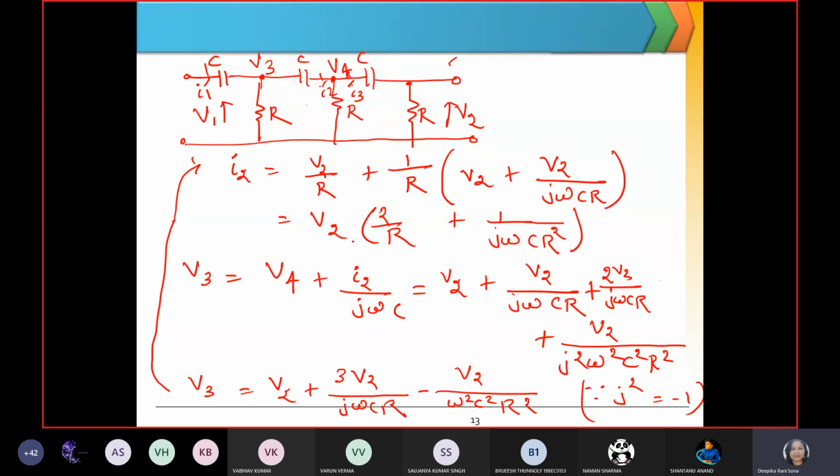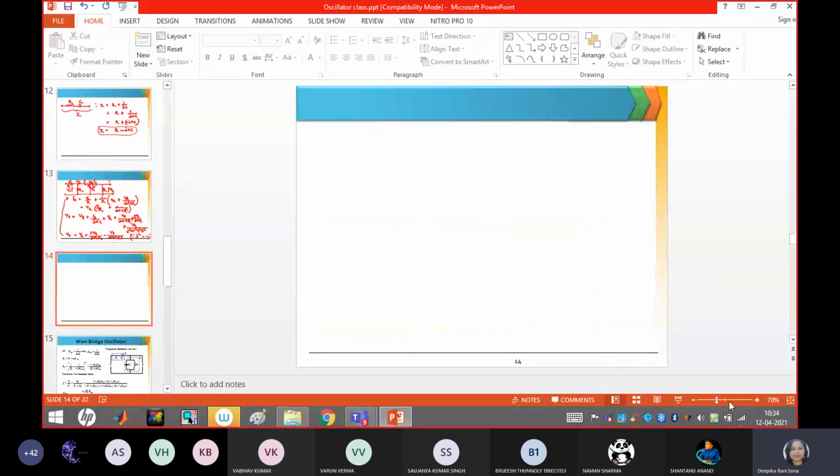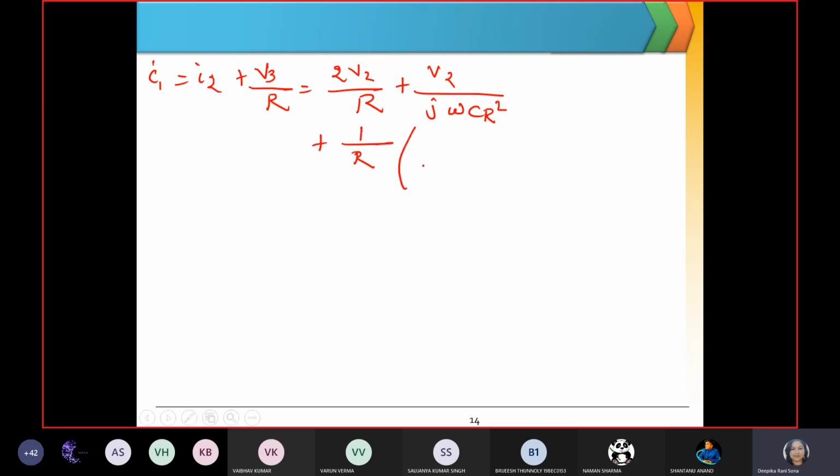I'll directly give you the hint. I1 is nothing but I2 plus V3 by R, because this is the combination of I2 plus V3 by R. The I1, if you see your figure, is 2V2 by R plus V2 by j omega C R square plus 1 by R whole into V2 plus 3V2 by j omega CR minus V2 by omega square C square R square.